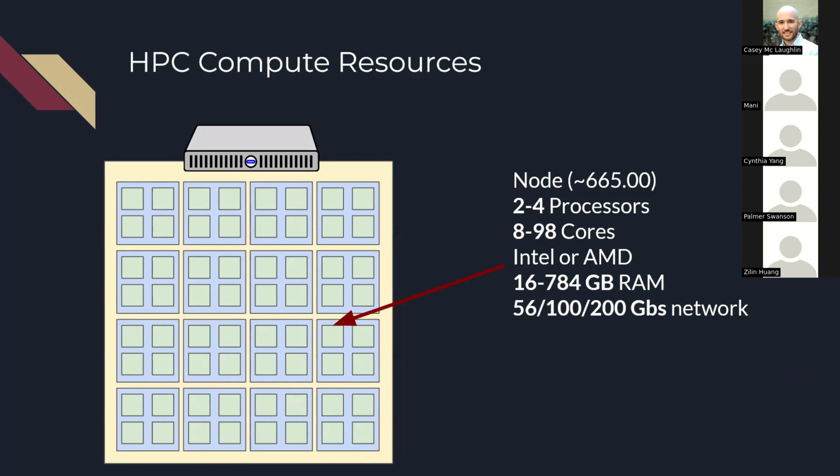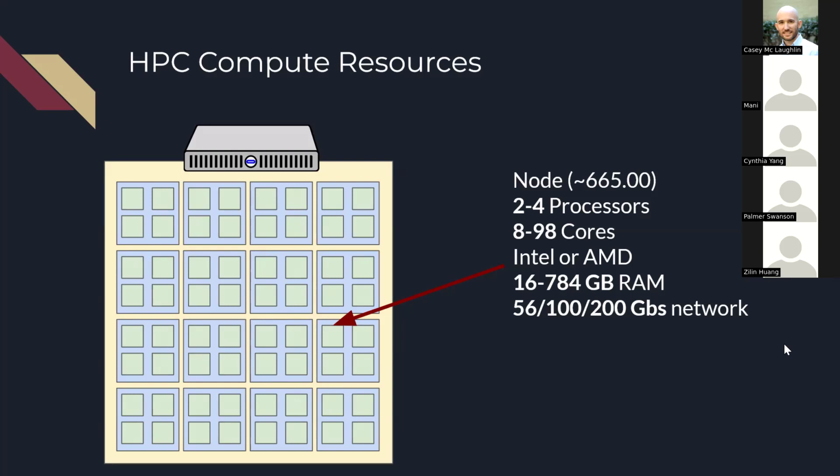Each of these servers has 2 or 4 CPUs. The CPU can have multiple cores. So we have machines that are only 8 cores. Most of these are being turned off at the moment because they're old. Our new machines are going to have roughly 96 cores, very big, very dense.